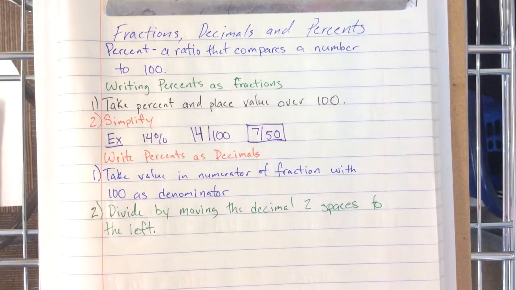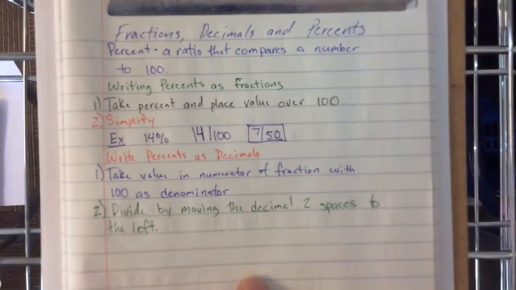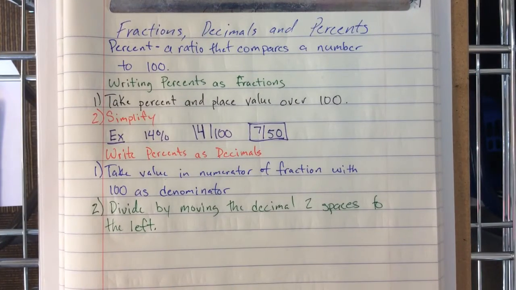So why are we going to move it 2 spaces to the left? Because 100 has 2 zeros and we're going to be dividing by 100, so we need to move our decimal 2 spaces to the left.